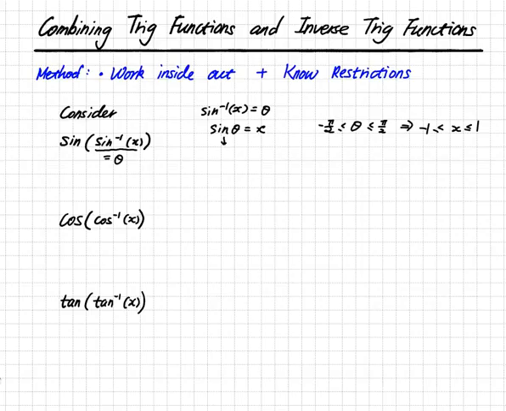Now we're going to draw a right angle triangle to help us visualize it. This is angle theta. Sine theta equals x, which we can see as x over 1. So its opposite is x, and the hypotenuse is 1. Now we have sine of theta, which can be written as sine of sine inverse of x, replacing the theta.